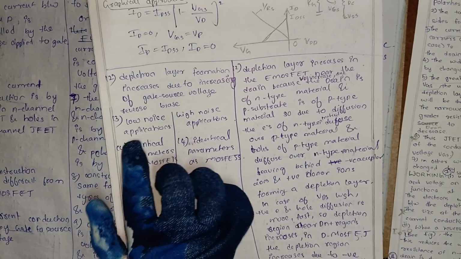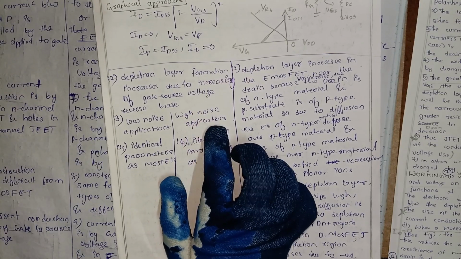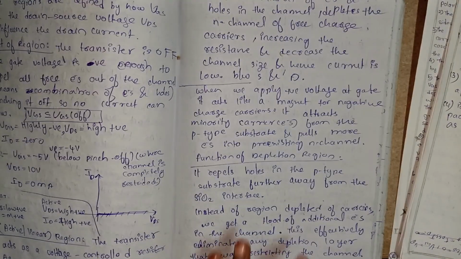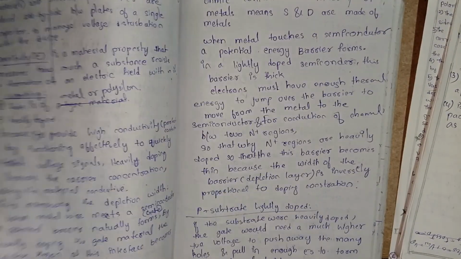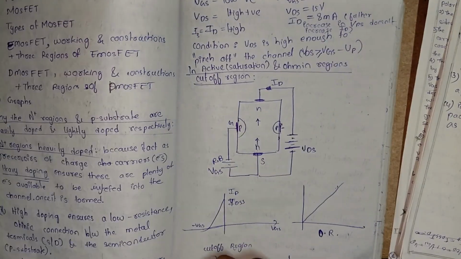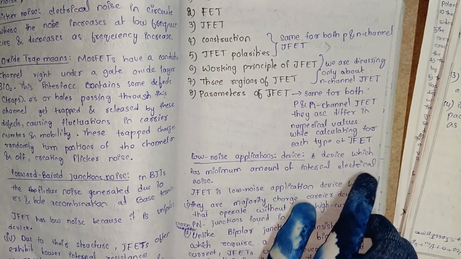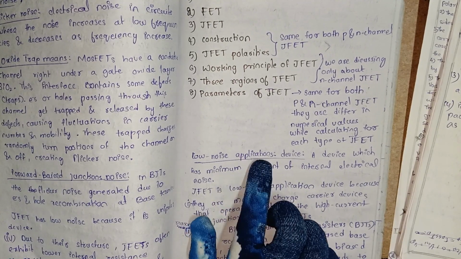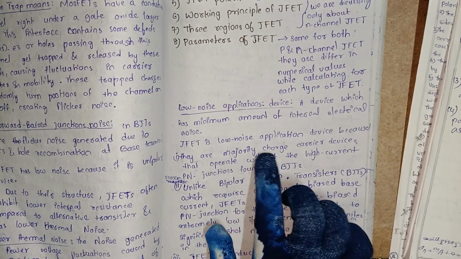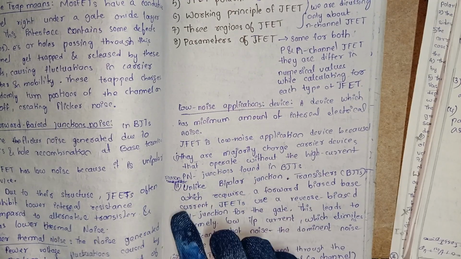And then, JFET is a low noise application, and MOSFET is a high noise application, because a device which has a minimum amount of internal electrical noise is called a low noise device. JFET is low noise because they are majority charge carrier devices that operate without the high current PN junction found in BJTs.